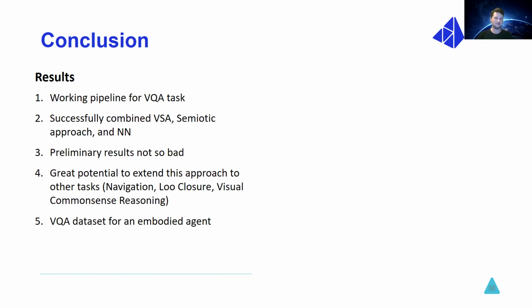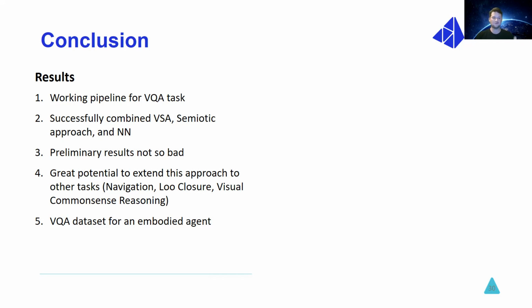Our primary results are not so bad. There's, of course, space for further development, but even now they're quite good. And there's great potential to extend this approach to other tasks such as navigation, loop closure, and visual common sense reasoning.